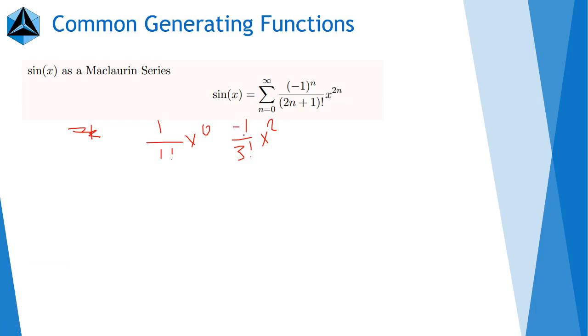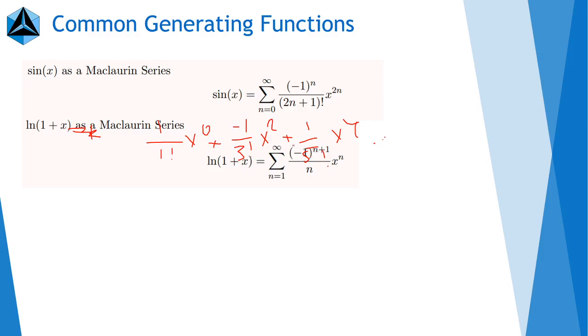Minus 1 over 3 factorial plus 1 over 5 factorial x to the 4th, and so on. And the next one that I've covered up is ln of 1 plus x, which is a Maclaurin series.